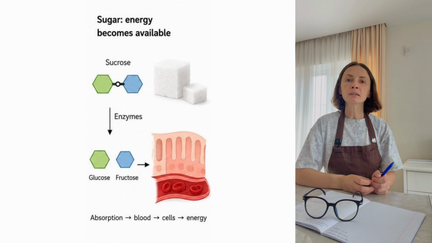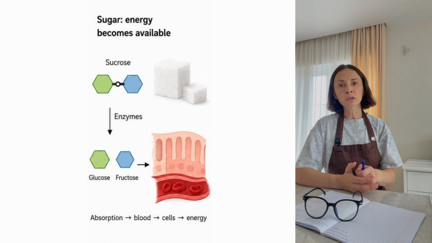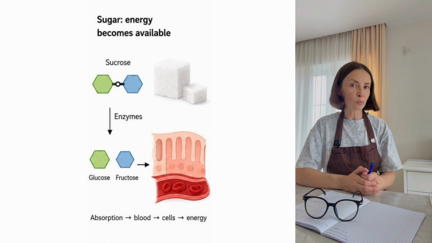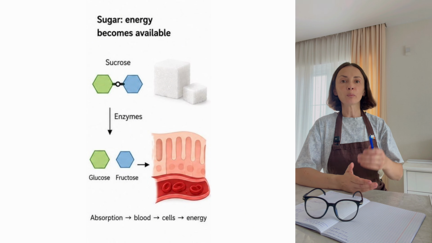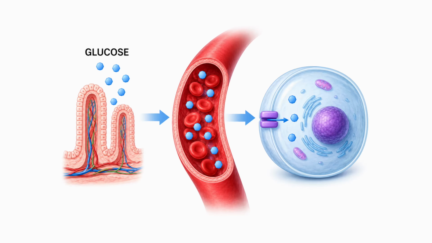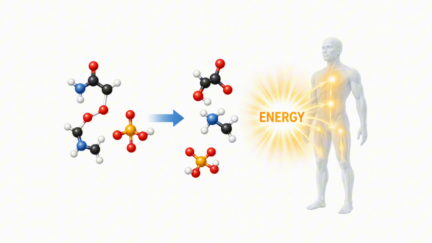For example, when we eat table sugar or sucrose, which consists of one glucose molecule and one fructose molecule, our digestive enzymes first break the bond between them. The glucose is then absorbed into the bloodstream and enters cells, where it participates in further metabolic reactions. During these reactions, energy is released.